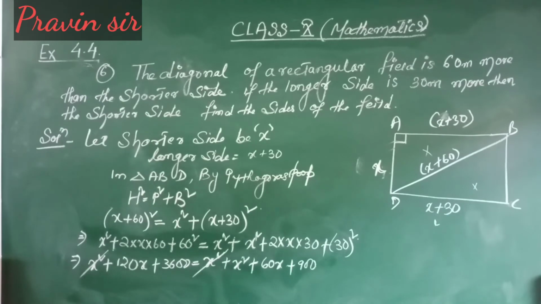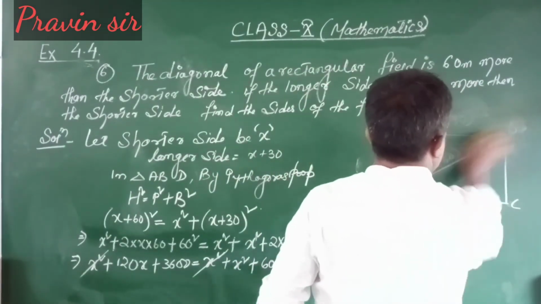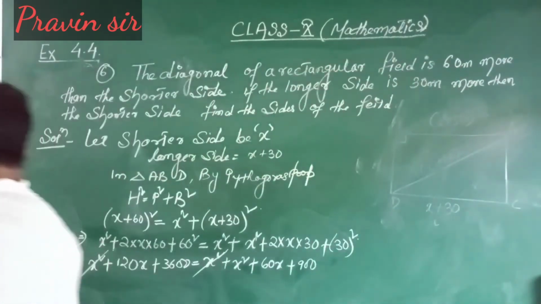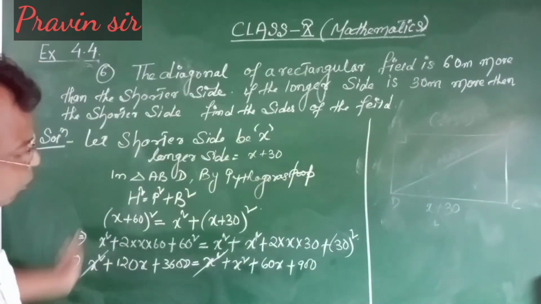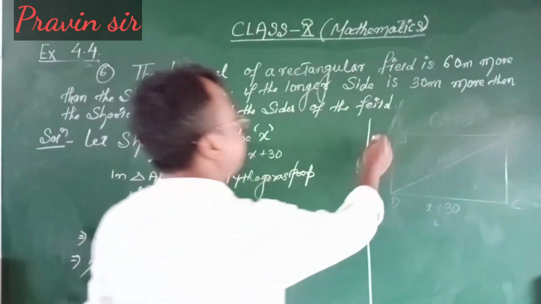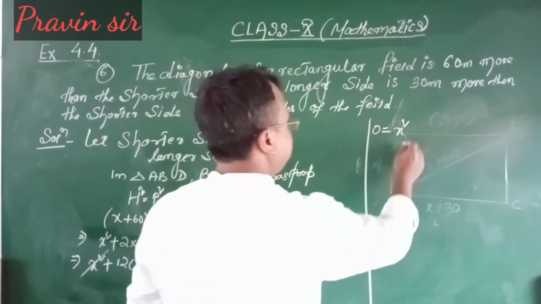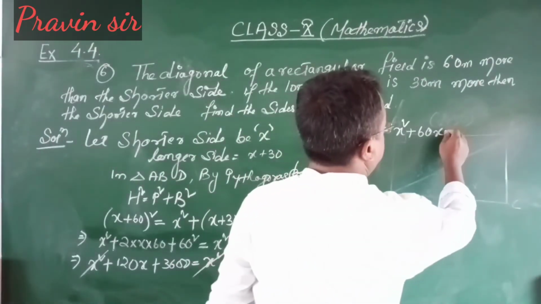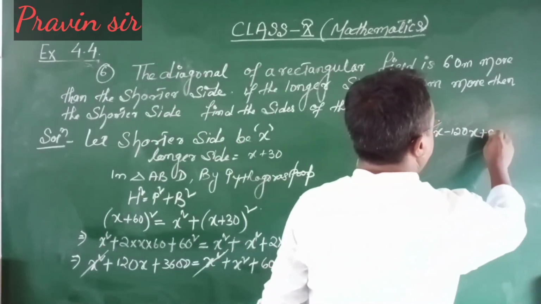Now simplify it a little bit more, so that we can get a quadratic equation. Transpose all the terms to the right side. So 0 is equal to x square plus 60x, and 120x you transpose to the right side, minus 120x plus 900 already there.